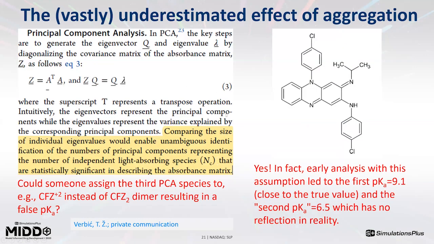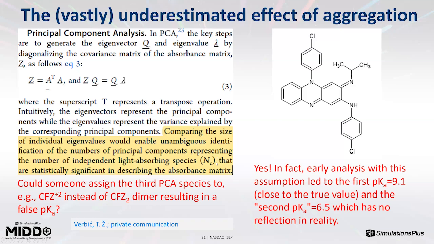But you see, part of this filtering is a principal component analysis of the absorbance matrix. What the algorithm does is calculate principal components from eigenvalues of the squared matrix.